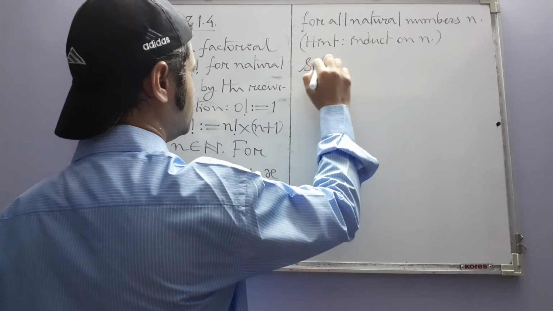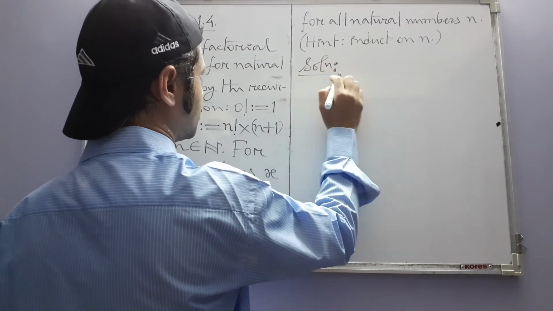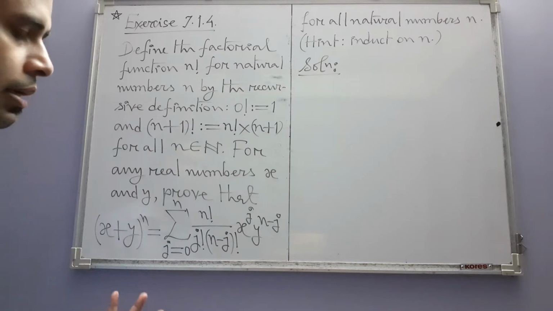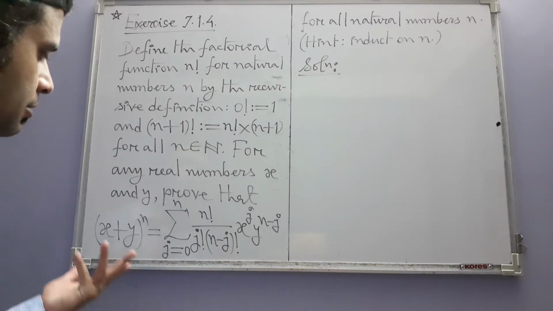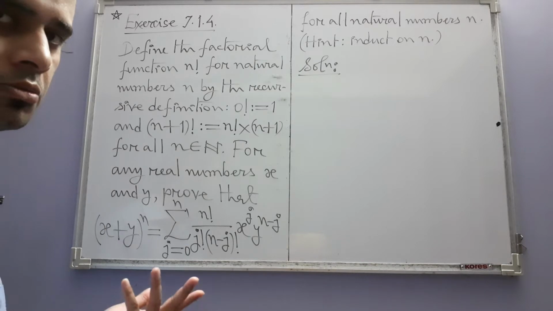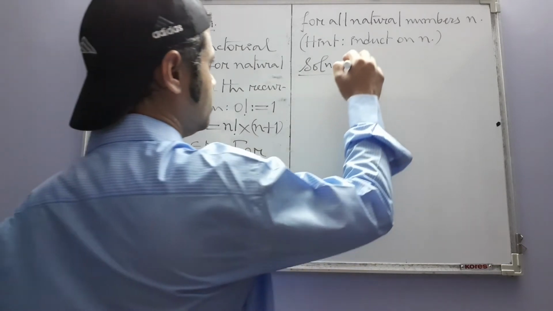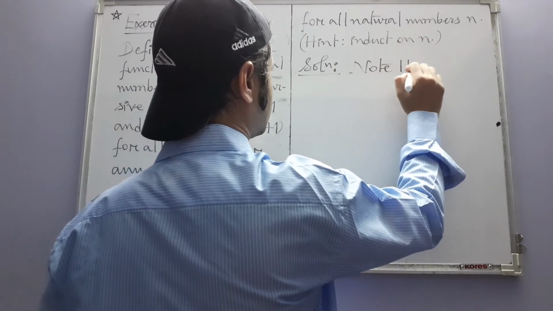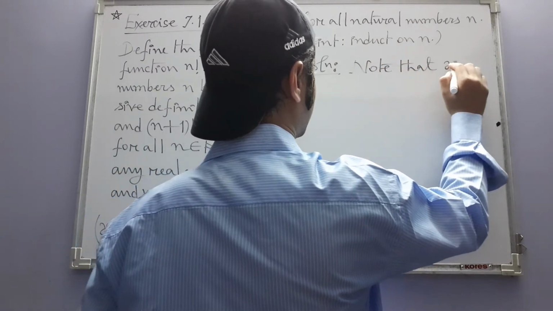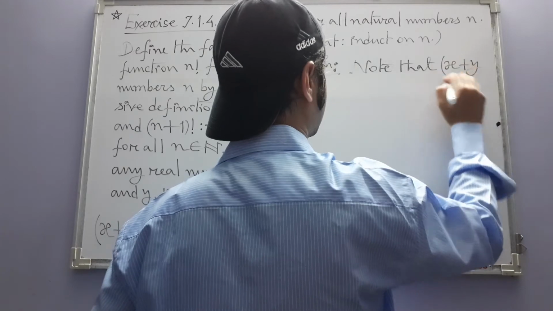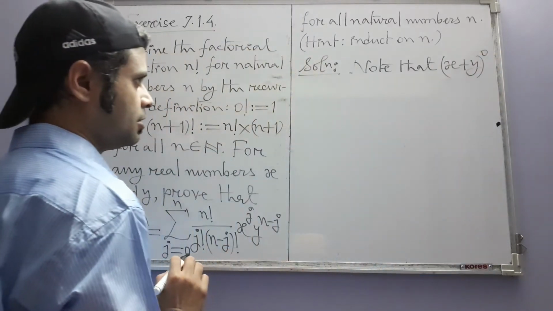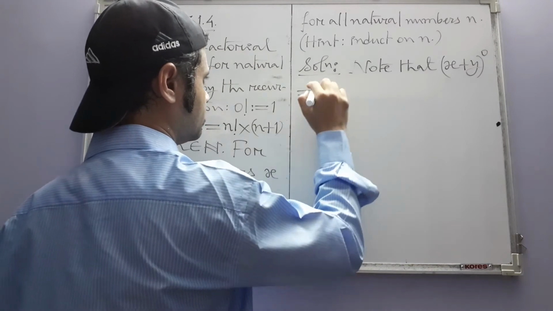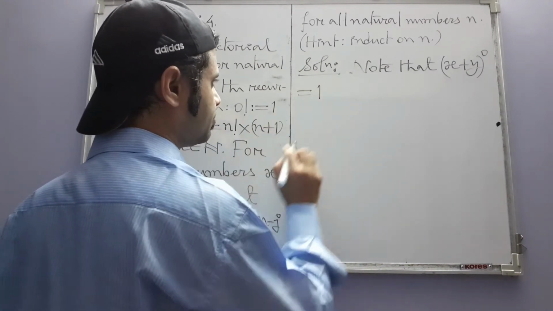We are going to now prove this formula by induction on n. So our base case will be when n is 0. So we need to first make sure that the formula is true when n is 0. Note that x plus y whole to the power 0 by the definition of real exponentiation is equal to 1.